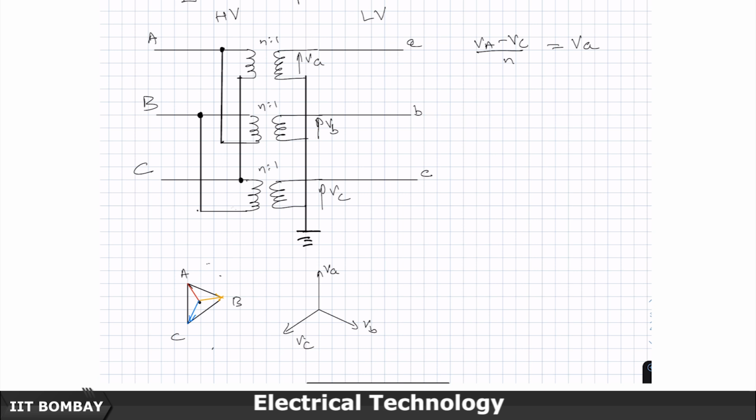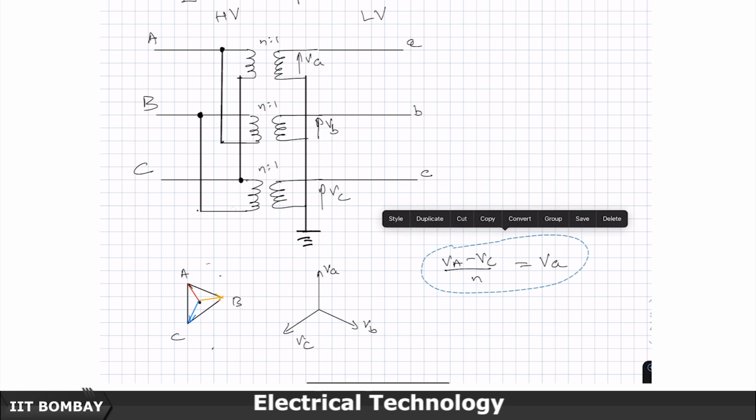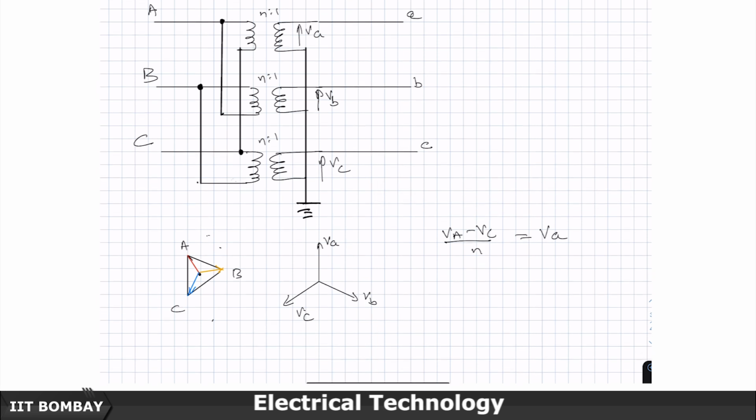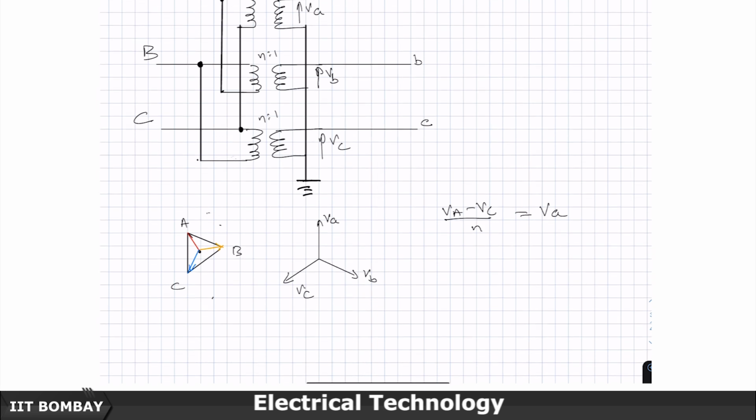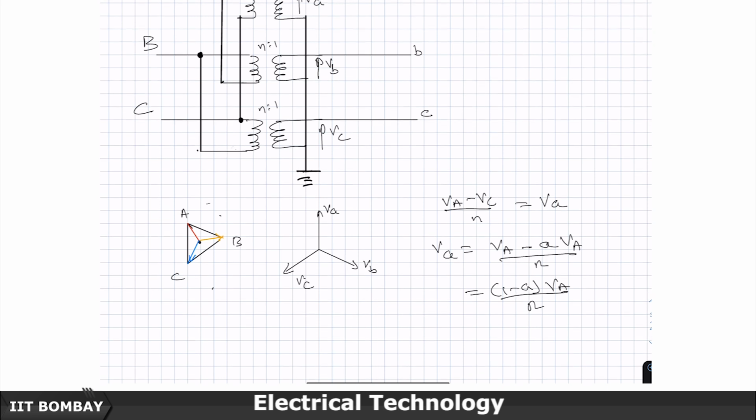I am not going to write the other two equations now, done it once, no point in doing it twice. So, let us work on this equation. The small VA is VA minus, now you know this VC should be written as A times capital VA by N, which is same as 1 minus A VA by N.